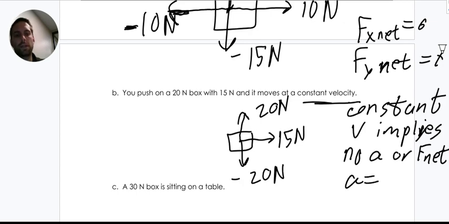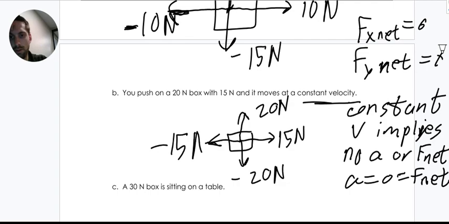As a equals 0, and if a equals 0, then that also equals F net. So if we have a 15 newton going that way, we have to have negative 15 going that way to make that true. Then this is true.